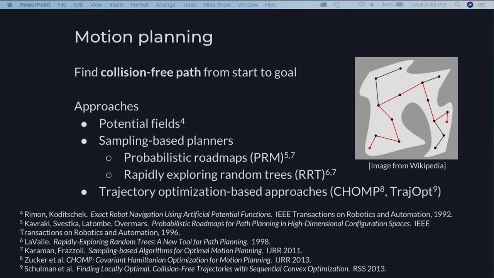Some are based on potential fields. Others are based on sampling-based planners, such as the class of PRMs and RRTs, which sample configurations from the configuration space and attempt to connect them in a graph structure. There are also trajectory optimization-based approaches, such as CHOMP, which iteratively refine a guess at a trajectory until it is both feasible and performant according to some performance criteria, such as path length.